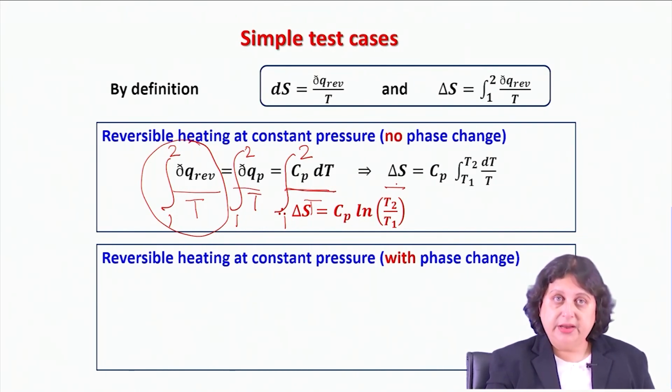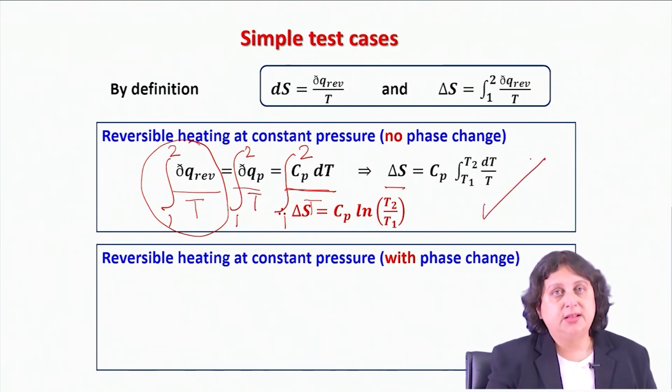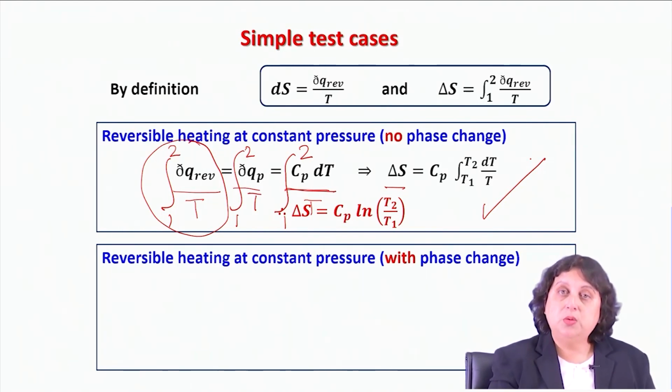So, during reversible heating at constant pressure, there can be a phase change. So the first case that I have mentioned here is the situation where there is no phase change. But indeed, there can be a phase change as well when you are carrying out reversible heating at constant pressure.